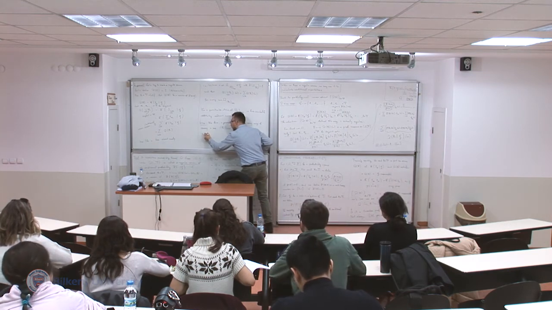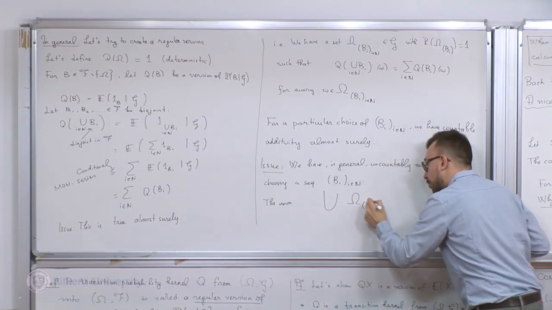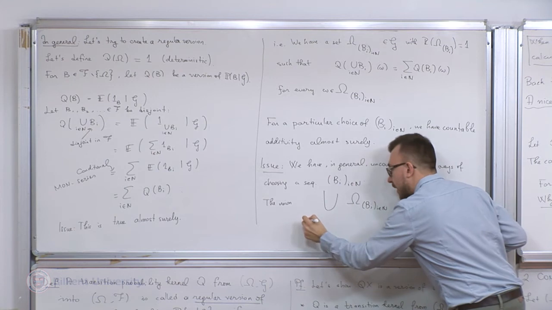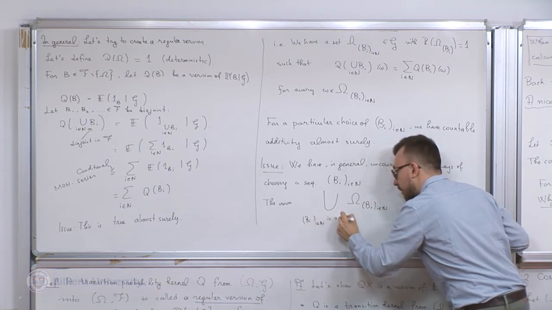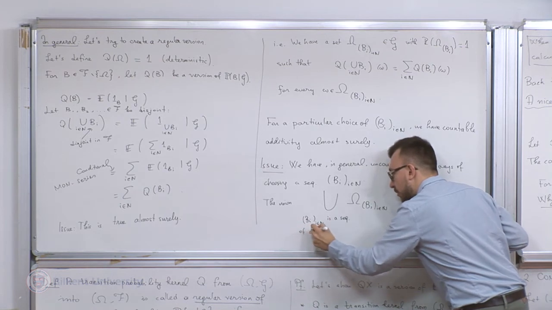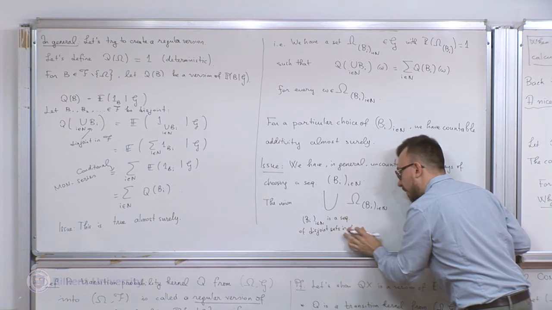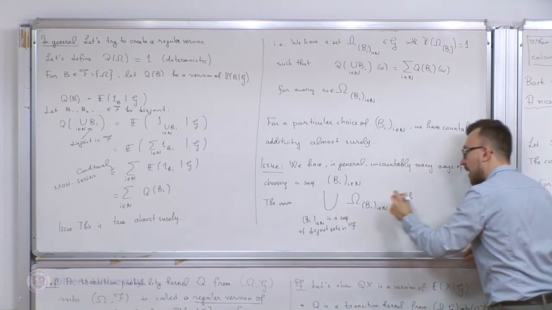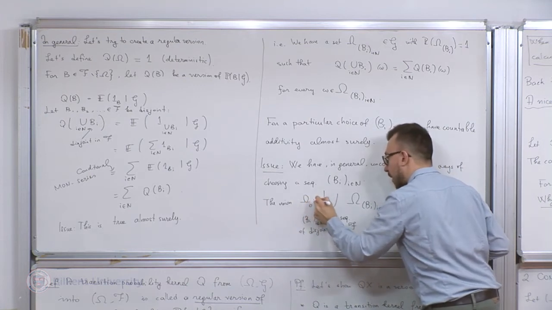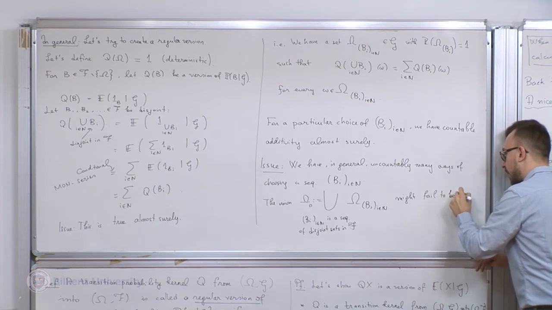The union of those almost sure sets, where this is a sequence of disjoint sets in F, let's call it omega 0, might fail to be measurable.